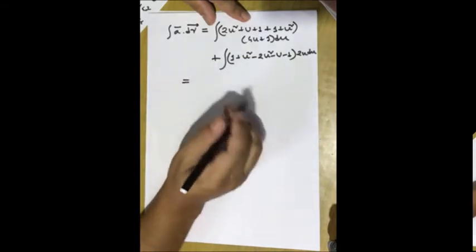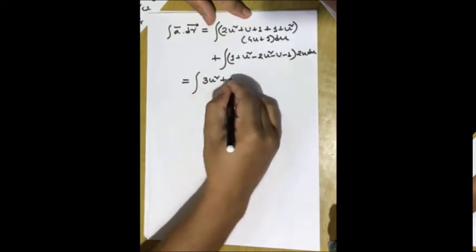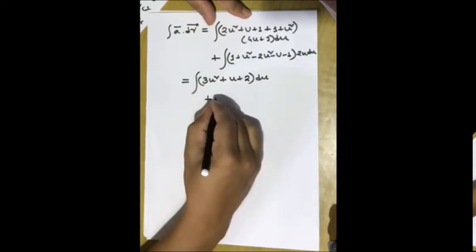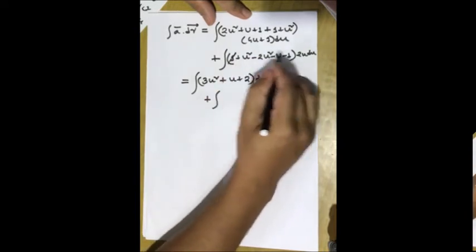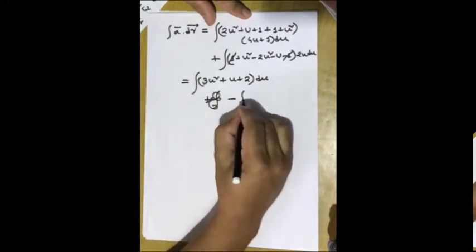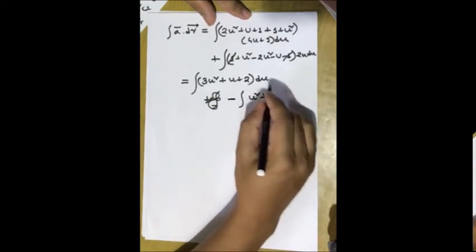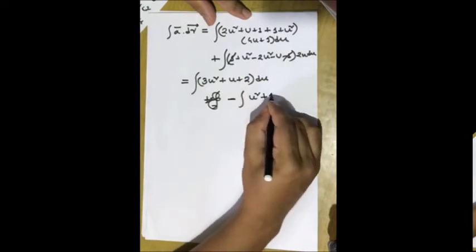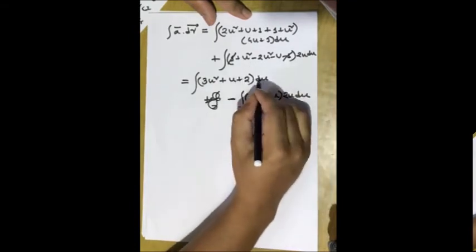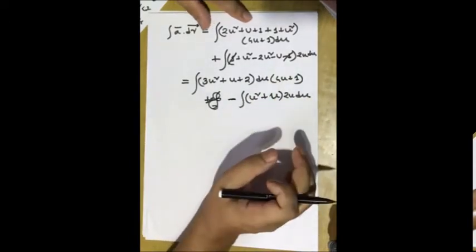Okay, so this expression will come as (3u² + u + 2) du plus, this value will come as the 1 cancels out, then this will be all minus, so this will be minus (u² + u) into 2u du, and this value was (4u + 1). Okay, so we are doing nothing but the simplification.